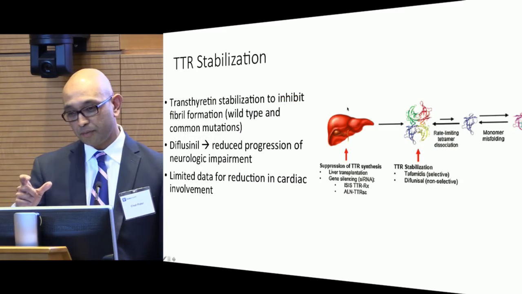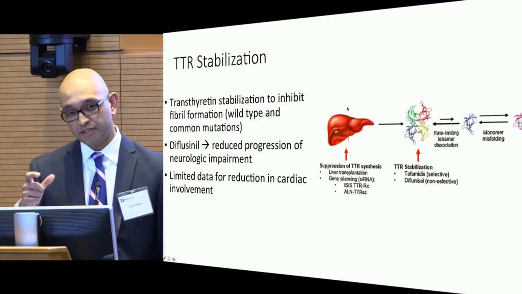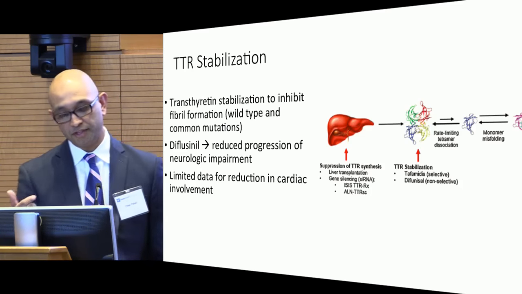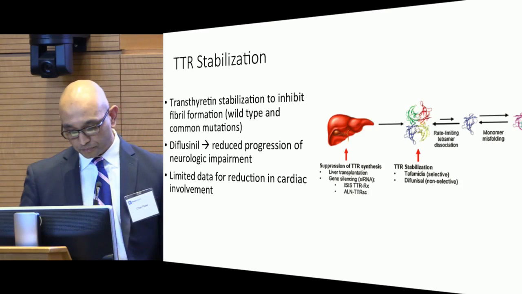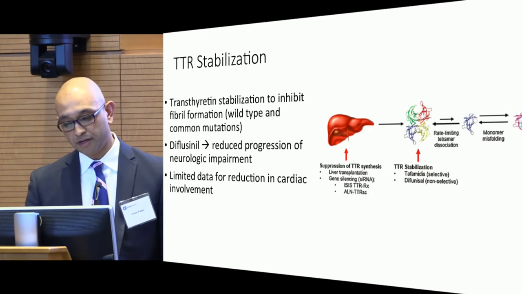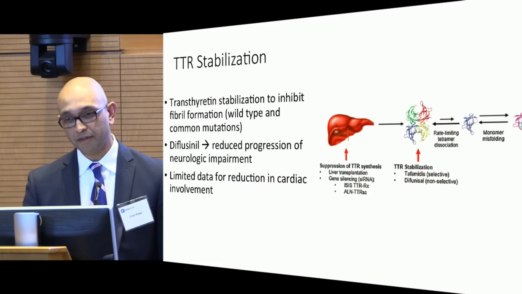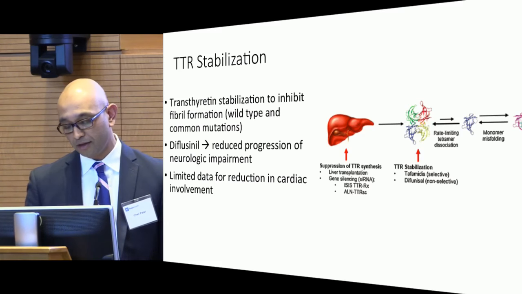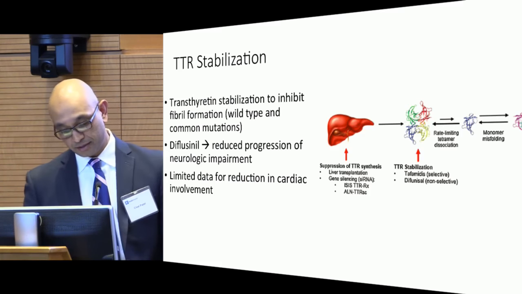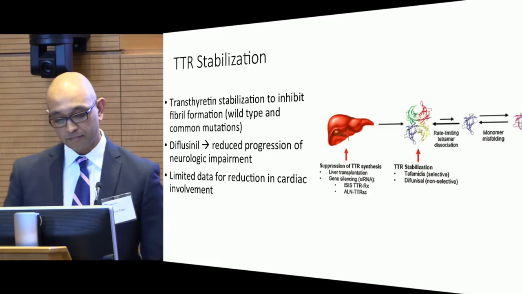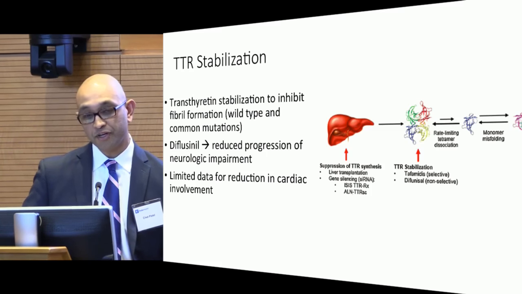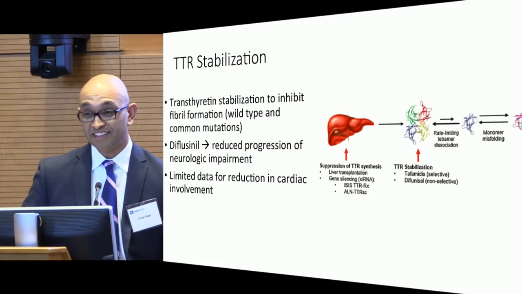The TTR protein itself is produced as a tetramer and then destabilizes and forms monomers that then misfold. So the ability to stabilize this tetramer might be a valuable way of stopping deposition upstream of the actual target organ. In the past, an agent, diflunisal, has been used, and that's been shown to reduce progression of neurological impairment.